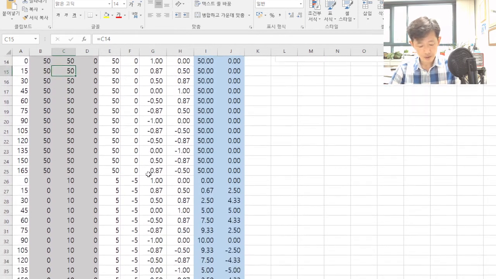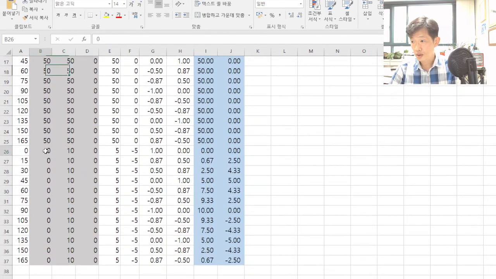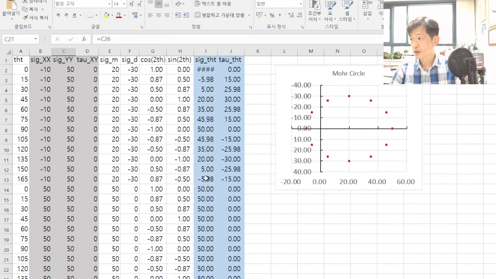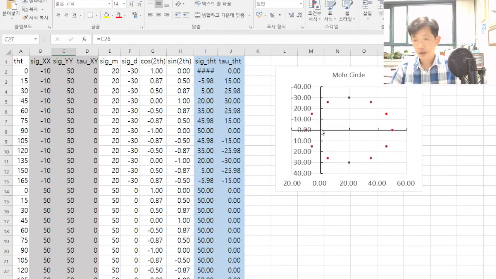And then the third one is what? In the Z direction 50, and in the vertical direction minus 10. So this is the third Mohr circle. So if we work through this problem, apparently we have only one distinct Mohr circle.